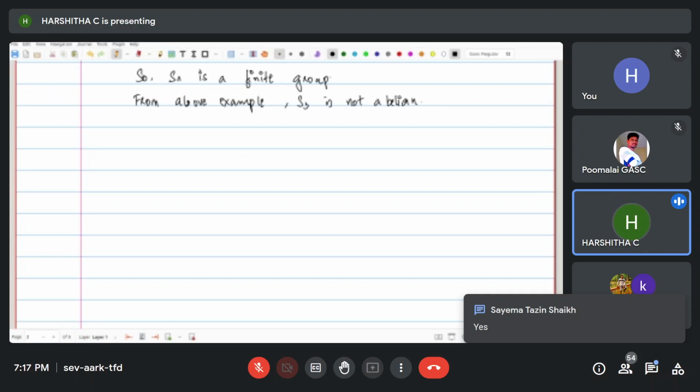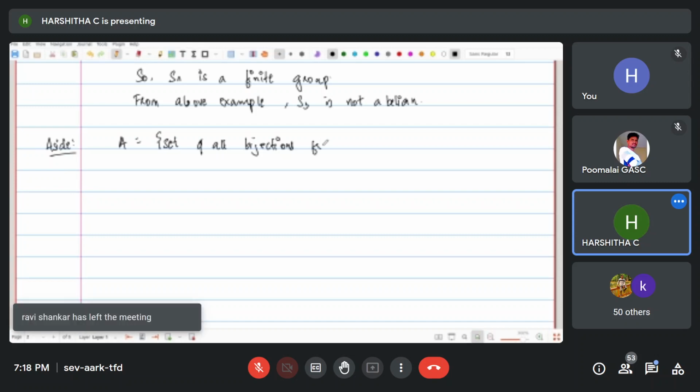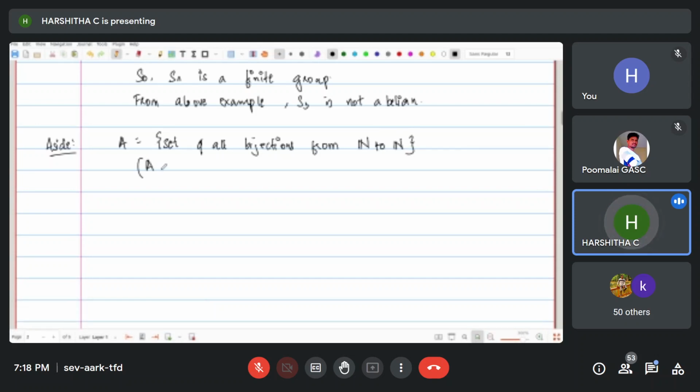So if you want to take, let's call it something else. Let's call it A is the set of all, and this is just an aside note, the set of all bijections from, let's say, natural numbers to natural numbers. And you take A under composition, so this denotes composition of functions.